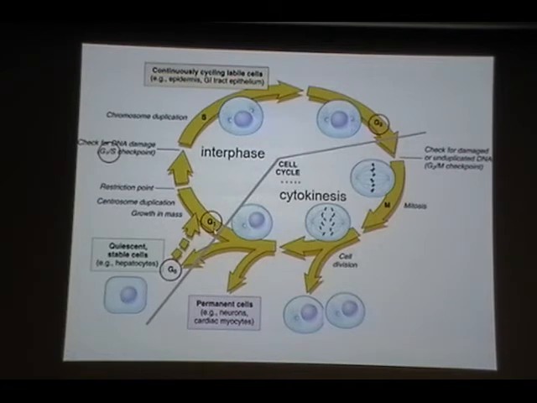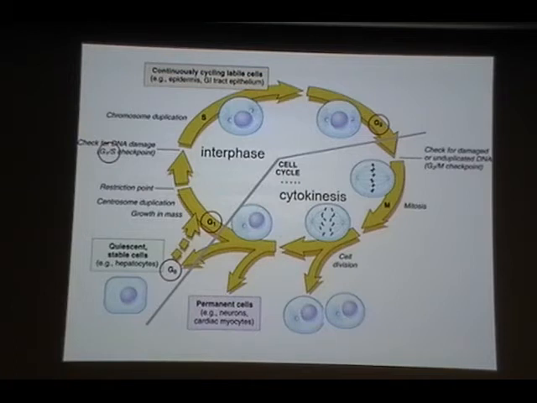G stands for gap: gap 0, gap 1, and then S phase, which is when we have synthesis and duplication of DNA, followed by gap 2. Here, cells check whether any mistakes were made in DNA replication.